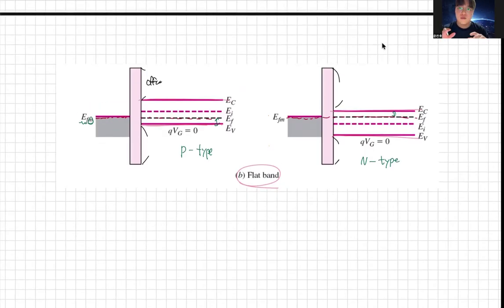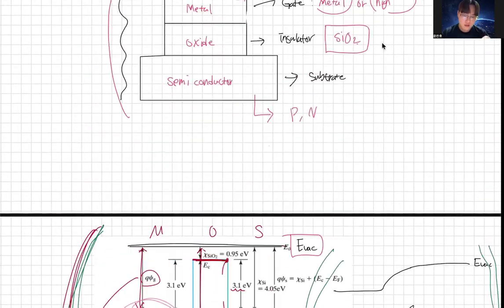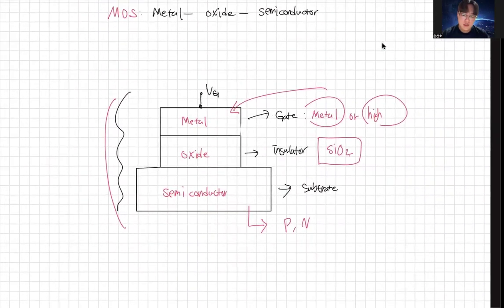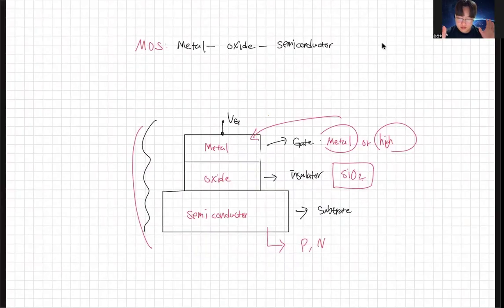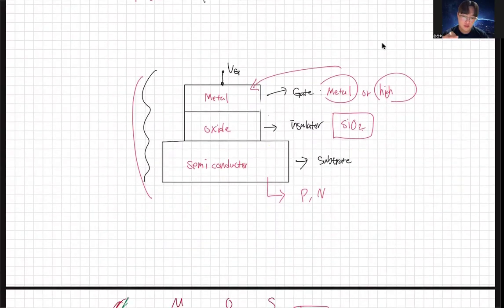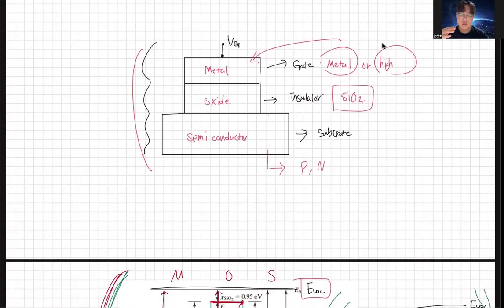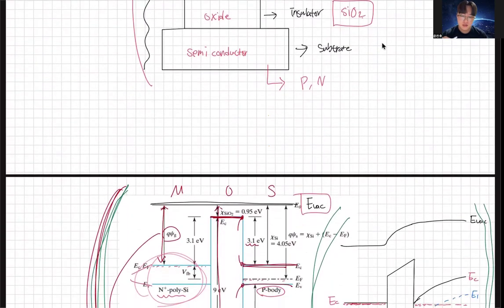So now I've told you how to draw the MOS band diagram simply, and the structure of the MOS. Perhaps I will talk about the important things and a lot of contents about the MOS cap next week.